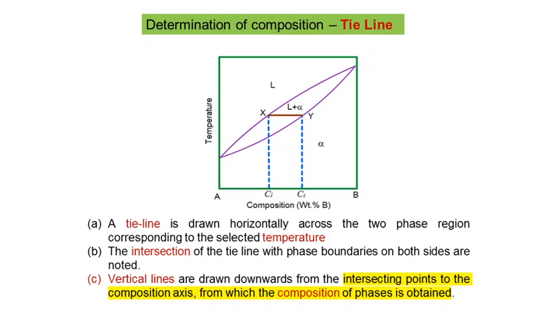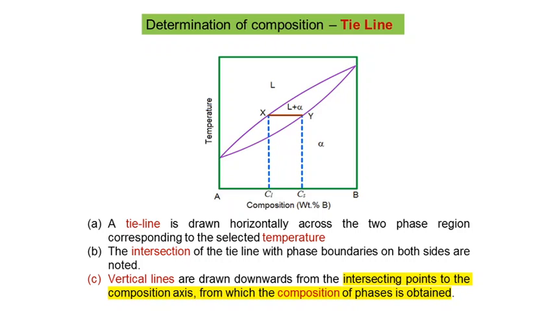For example, if we have a temperature of 1200 degrees centigrade, we project a line corresponding to 1200 degrees, which will cut the liquidus line at point X and the solidus line at point Y. So we have a straight horizontal line XY, passing through the liquid plus solid region, which is called the tie line.